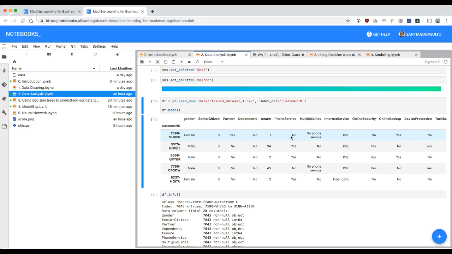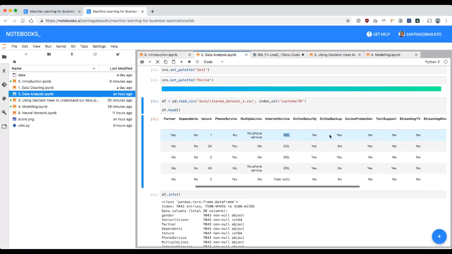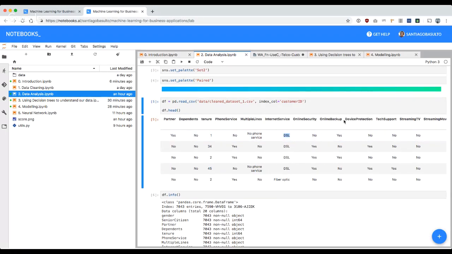She doesn't have phone service, and she does have internet service, which is DSL. Does she have online security, online backup, or device protection? These are multiple plans, or different products that this company is offering on top of the internet service. Something that I should have started with is that this is all for a telecommunications company.